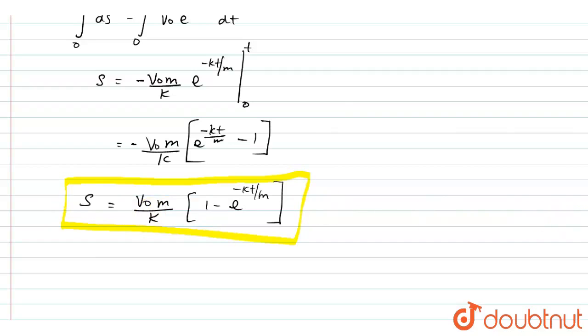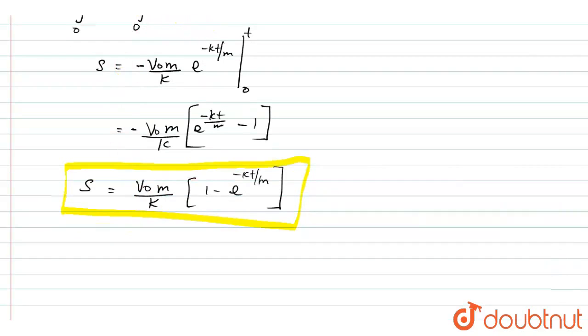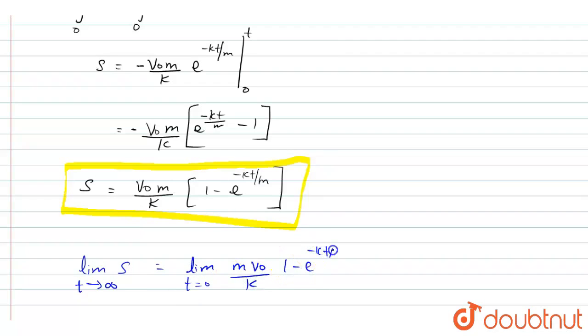Now I'm going to apply the limit, because we have to find the distance traveled before the boat comes to rest, that is, at time t tending to infinity. So I write the limit of s as t goes to infinity of mv0 divided by k into 1 minus e power minus kt divided by m.